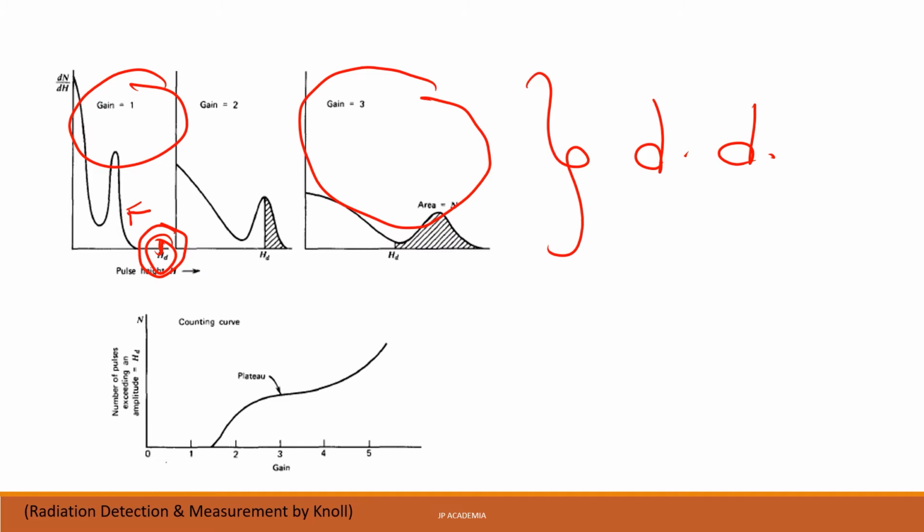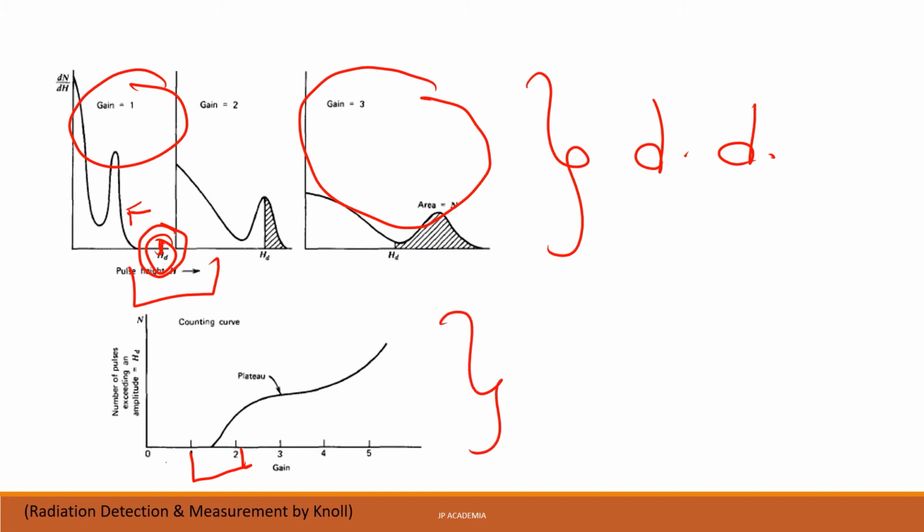Pulses will begin to be recorded somewhere between G1 and G2, as shown in this graph. An experiment can be carried out in which the number of pulses recorded is measured as a function of the gain applied, as shown here.